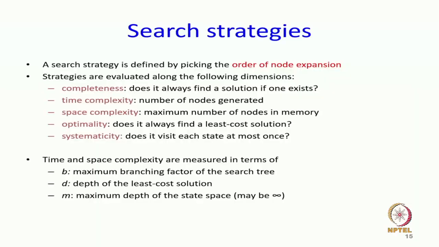And how do we evaluate how good a search strategy is? We will evaluate based on these 5 problem characteristics: completeness, time complexity, space complexity, optimality, and systematicity. Let us quickly go over them. Completeness means that if there is a path to the goal from the start state, will it find it?